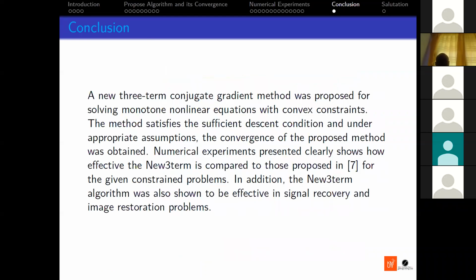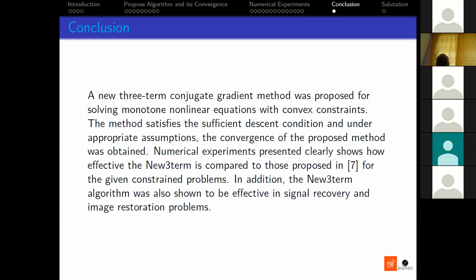So in conclusion, in this work, we derived a new three-term conjugate gradient method for solving nonlinear equations with convex constraints. The method satisfied the sufficient descent condition, and under appropriate assumptions, the global convergence of the method was obtained. We gave numerical experiments to show clearly how effective the new three-term method is compared to those proposed in some existing works for the given constraint problems and also for the given signal recovery problems.